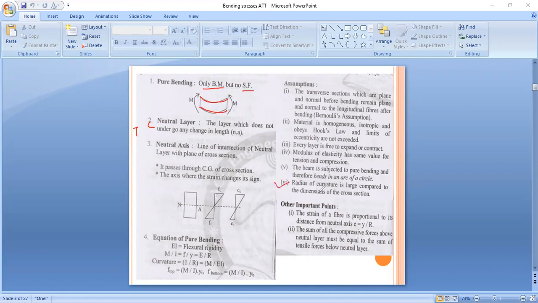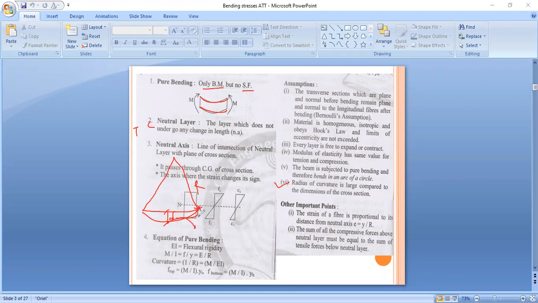And the last assumption is that the radius of curvature is larger compared to the dimension of the cross section. For that I will draw a figure here. This is our bending of beam. Suppose we will join this. So this is our radius of curvature. See here, this is our deflection or bending of beam.